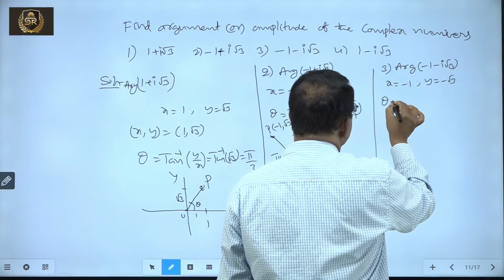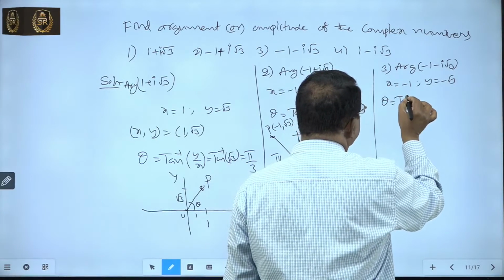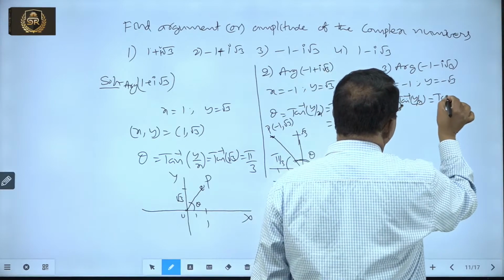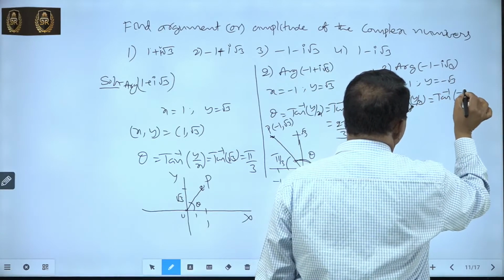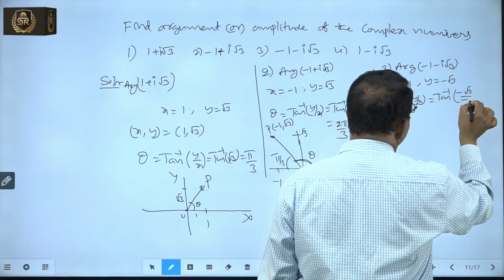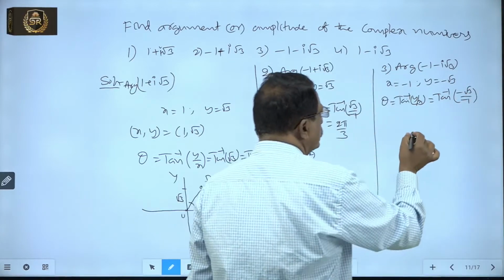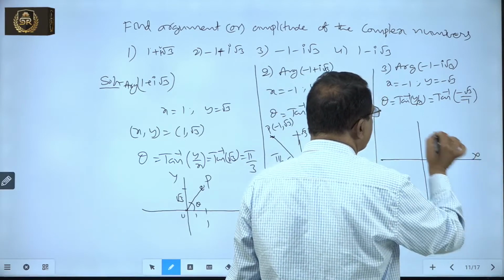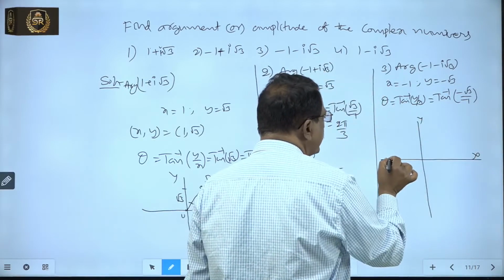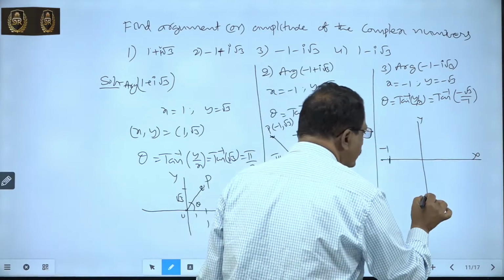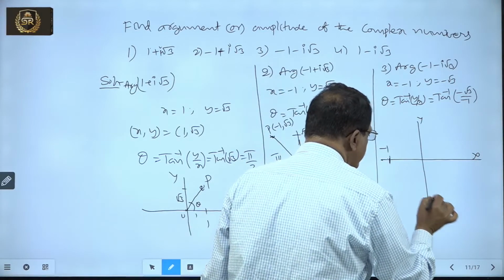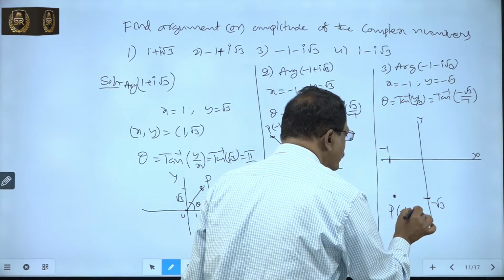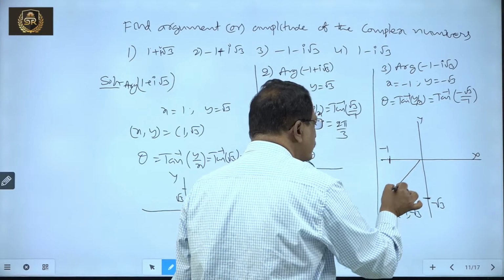Now theta equals tan inverse y by x, that equals tan inverse minus root 3 by minus 1. On the x axis and y axis, the x coordinate is minus 1 and the y coordinate is minus root 3, the point P, minus 1 comma minus root 3, lies in the third quadrant.